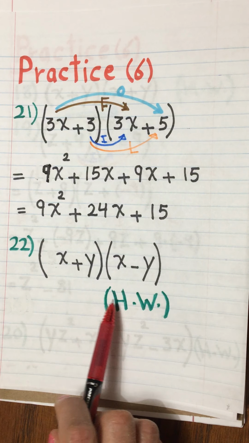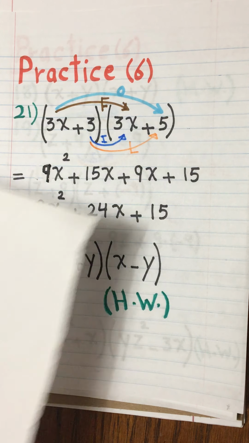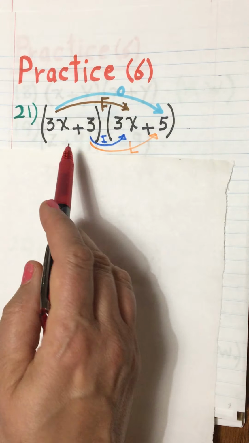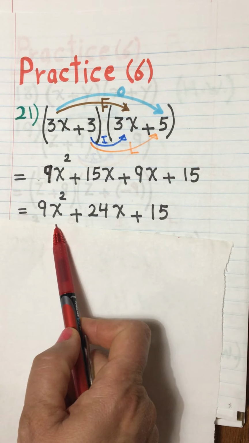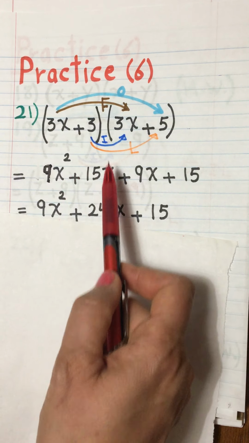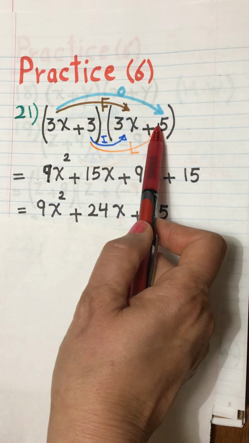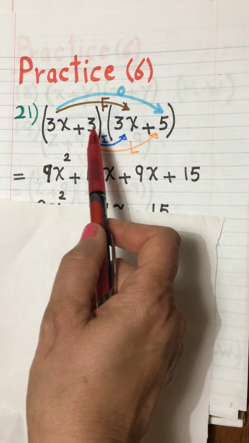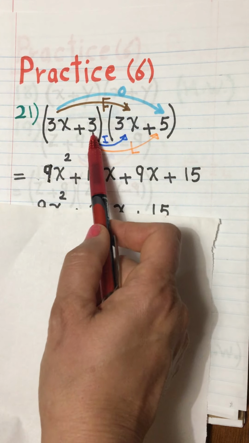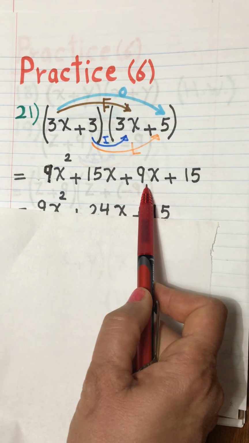21 and 22 are your homework, guys. 21, same thing. First times first, 3x times 3x, 9x squared. Then outside, 3x times 5, which is 15x. Then inner, 3 times 3x, 9x.